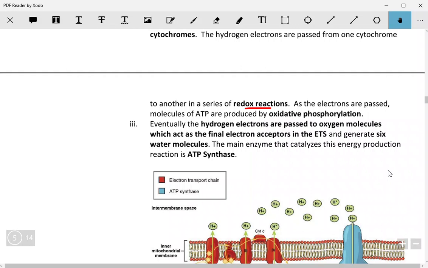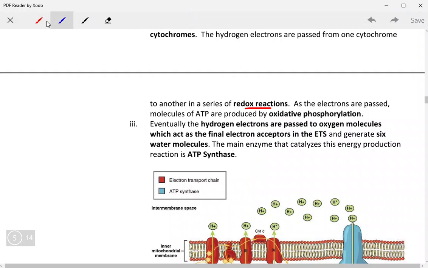The ETS produces the largest amount of ATP molecules when you think about all the different stages of cellular respiration.